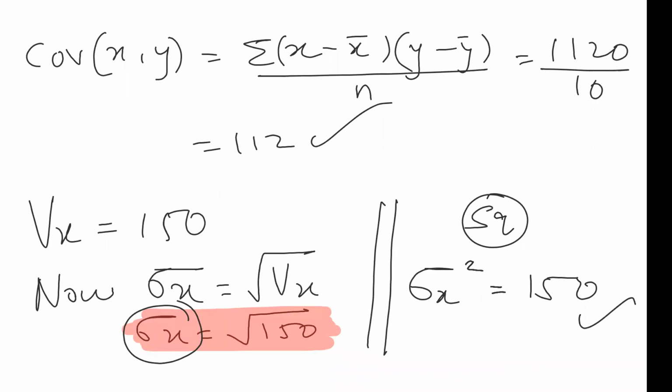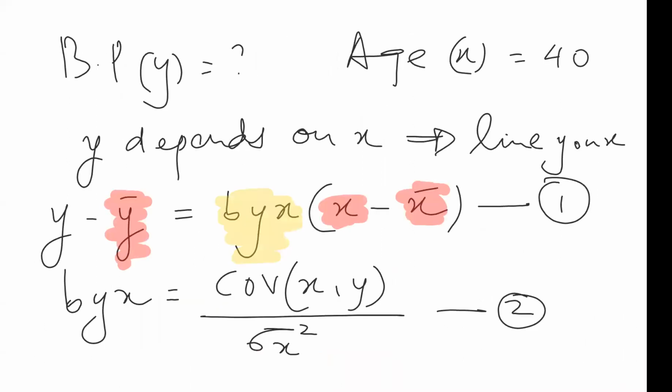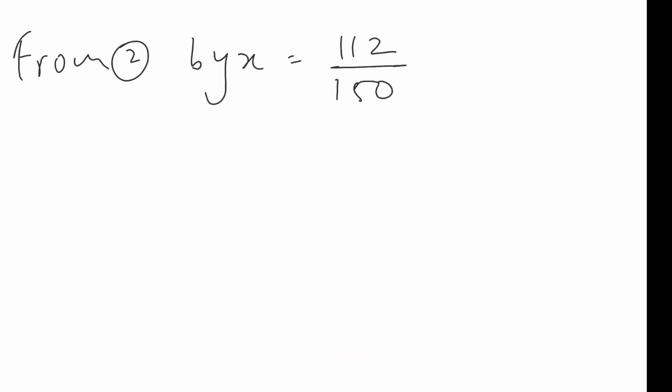Okay. Now we'll go back to equation number 2, this equation, right? So from 2, byx is equal to 112 upon 150. Okay.